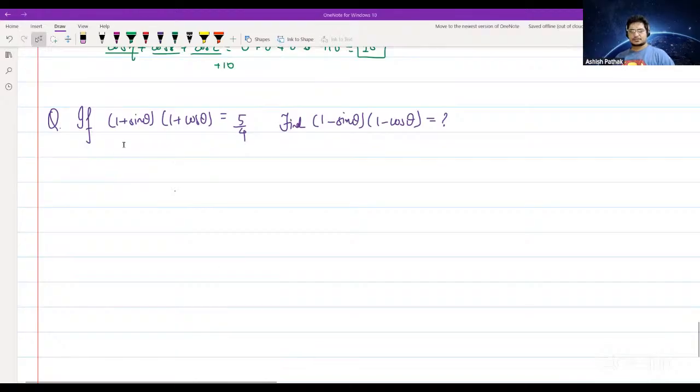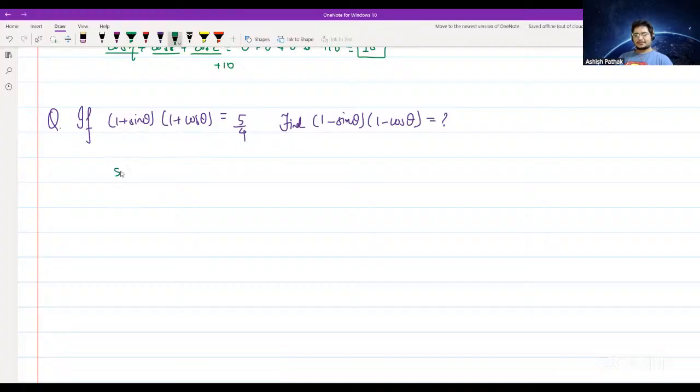If I take 1 plus 3 by 5 and 1 plus 4 by 5, you will get the answer as 8 by 5 times 9 by 5. Okay, no, this one will not work. Something else we have to do.